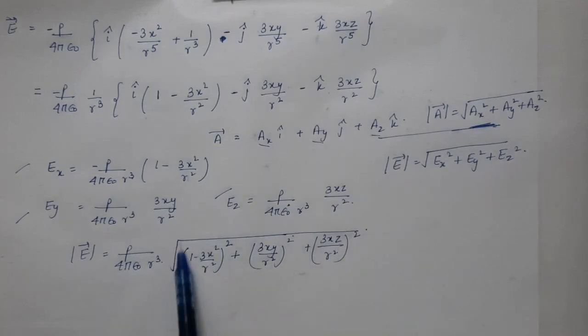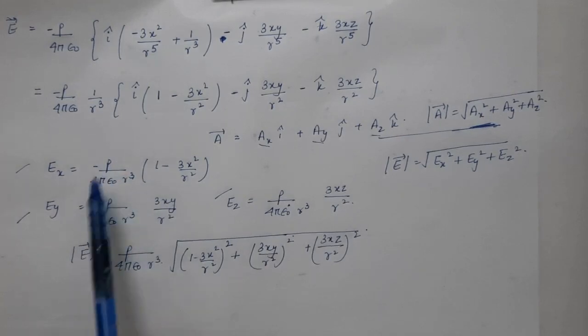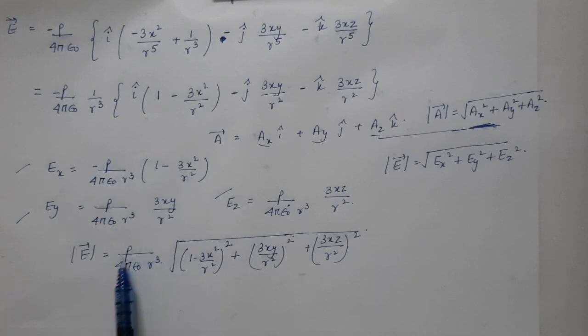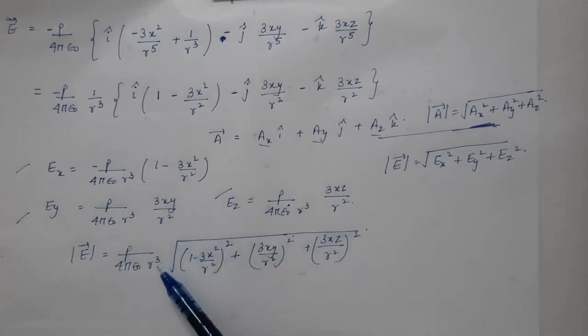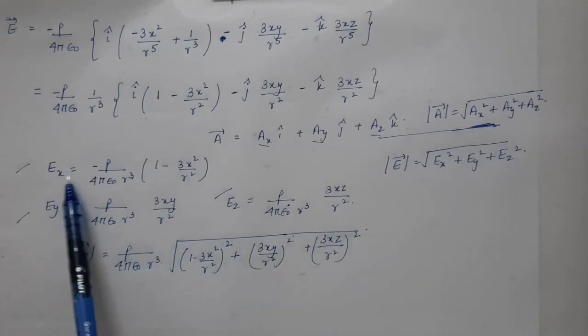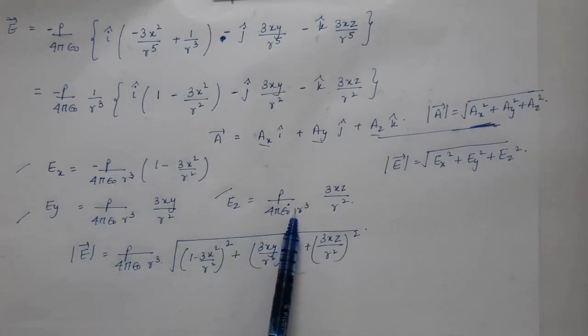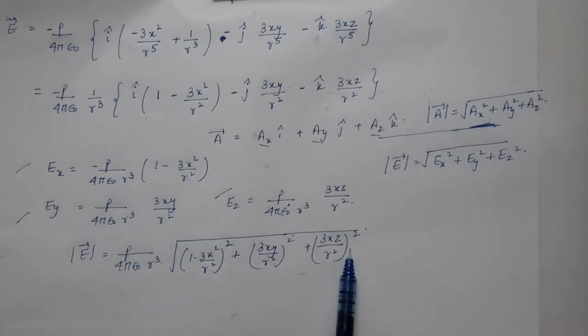And after doing the under root, this p by 4 pi epsilon naught r cube whole square can be taken outside the under root, so it will just become p by 4 pi epsilon naught r cube. So I have missed one step over here, but you have to write each and every step. That is, first of all you will find Ex square, Ey square, Ez square, and then you will do their summation, and then you will take the under root. So you will get this final result.